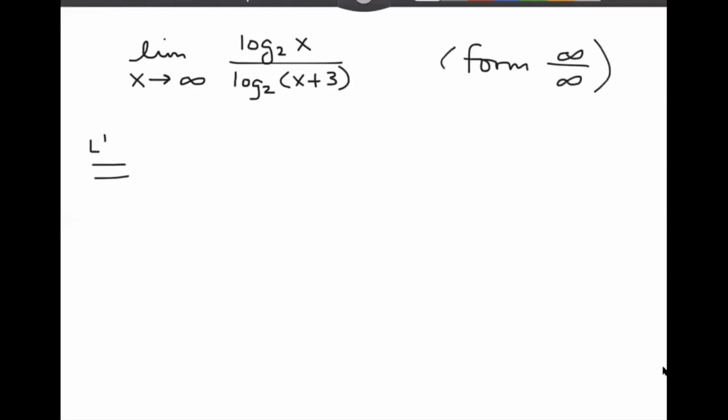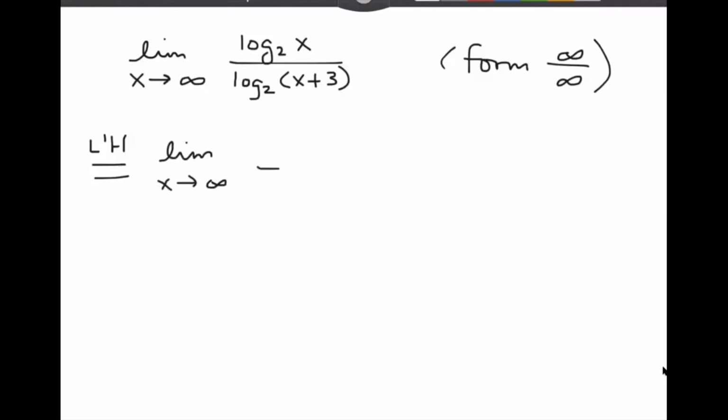Using L'Hopital's rule, let's see if we remember what the derivative of log base 2 of x is. If you don't remember and you can't find it in your notes, you could always use the change of base formula to write it in terms of natural log x.